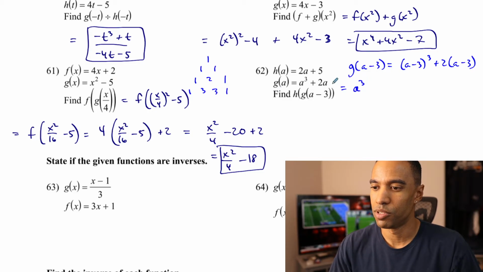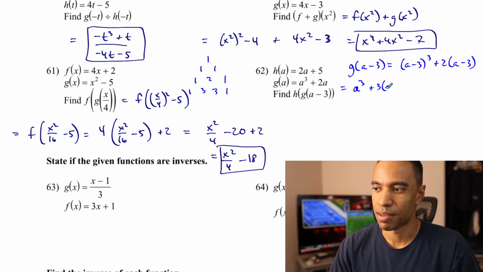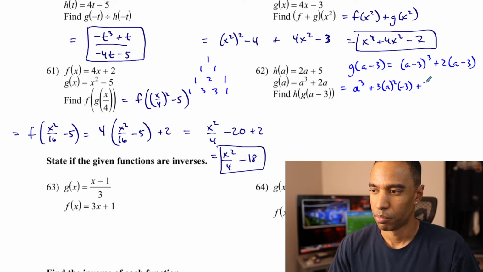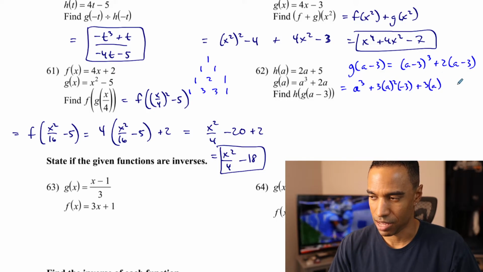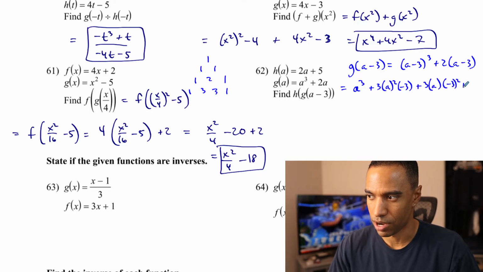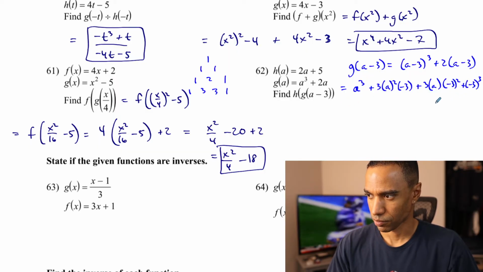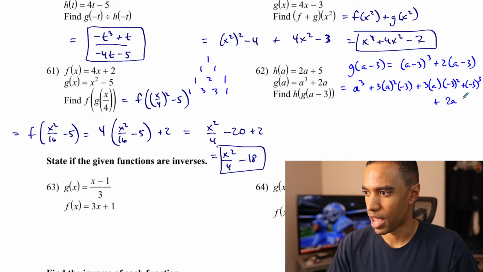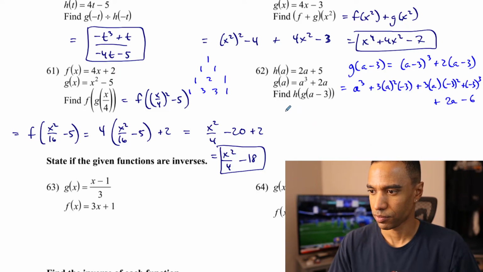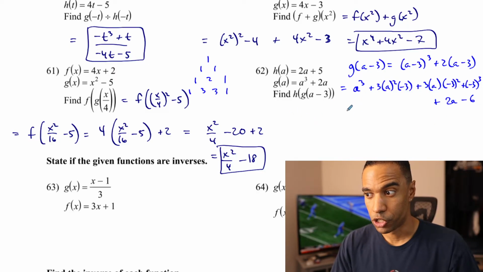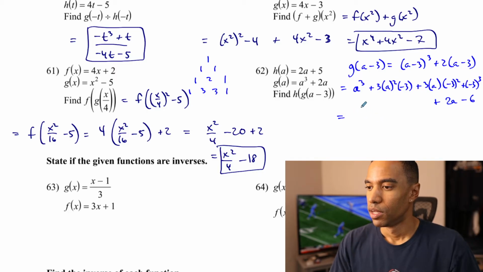So a cubed plus 3 times a squared times negative 3 plus 3 times a to the first times negative 3 squared plus negative 3 cubed plus 2a minus 6. This is just for g of a minus 3, by the way.